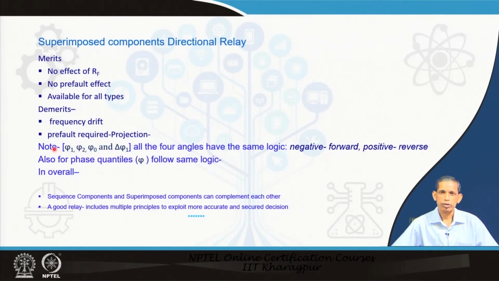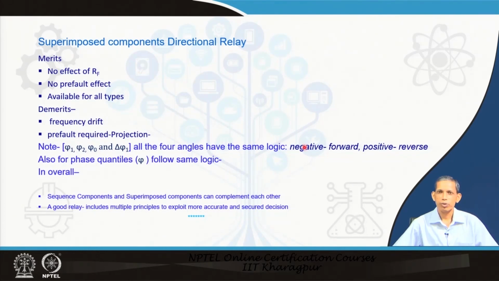Further, note that we have learned these directional line principles using positive sequence, negative sequence, zero sequence and the superimposed component, that is, positive sequence superimposed component delta phi 1. In all four angles we have the same logic.